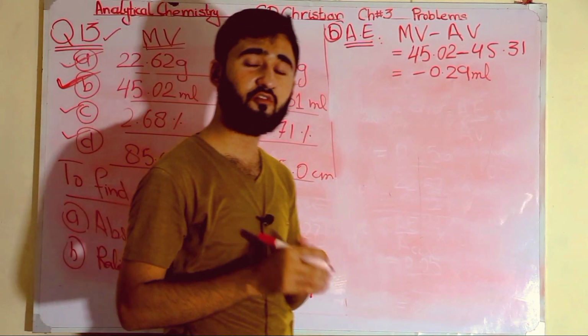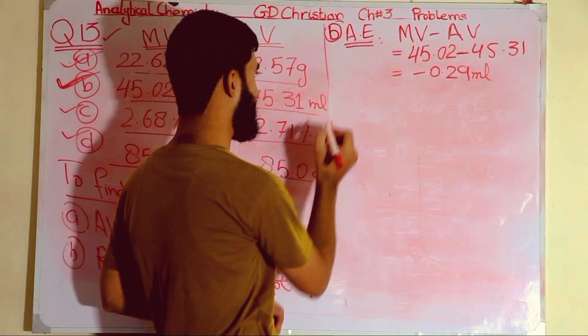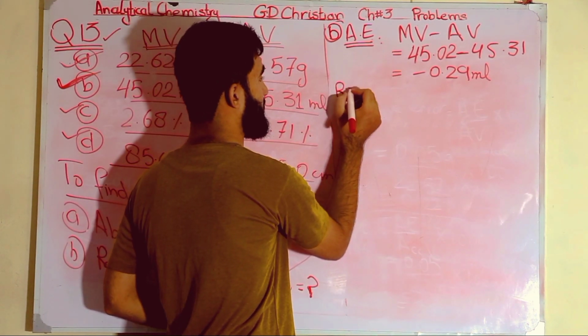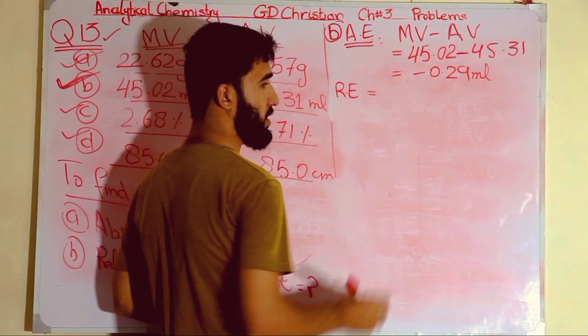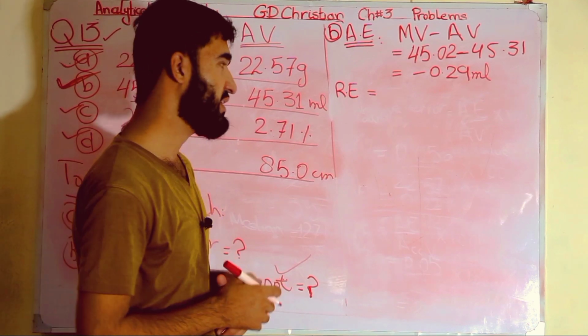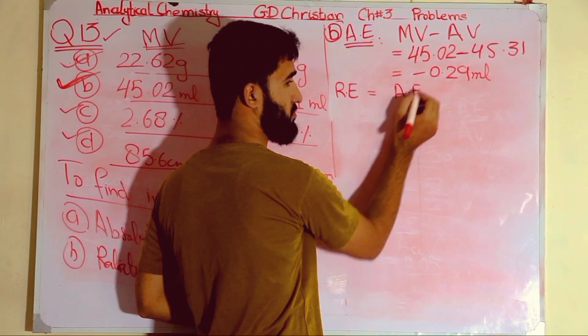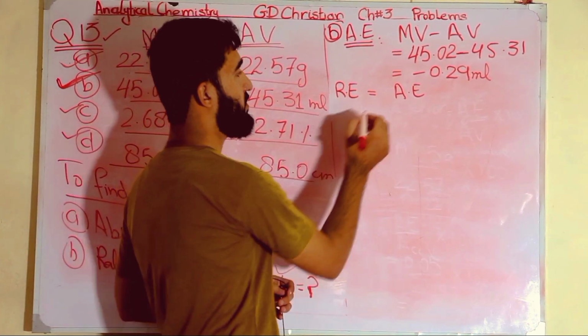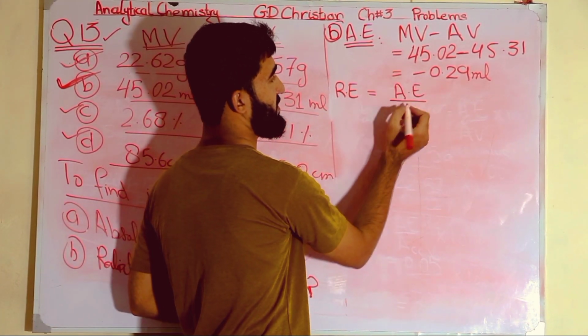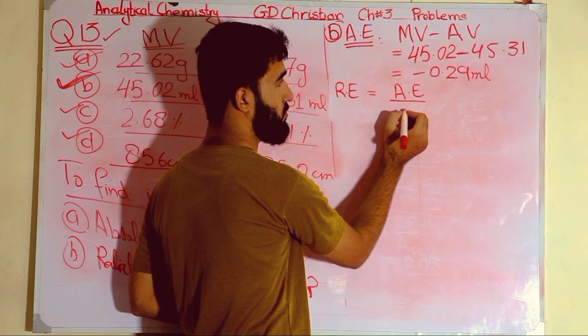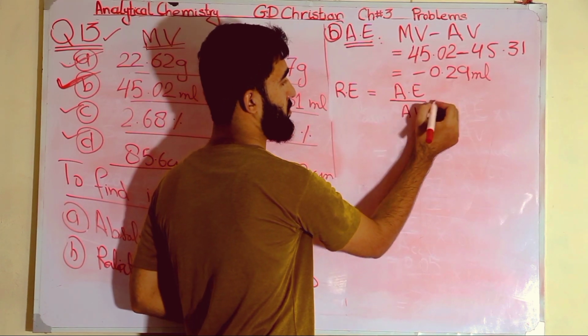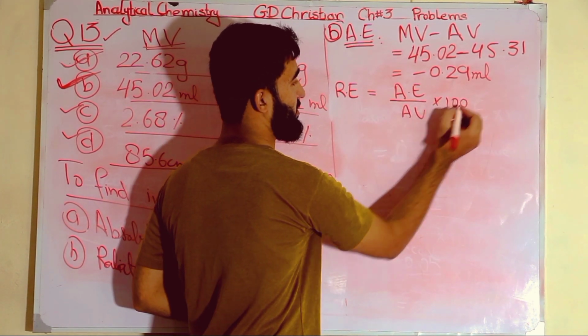After that, we have to find out percentage relative error. Now, as we know that relative error is equal to absolute error over accepted value multiplied by 100.